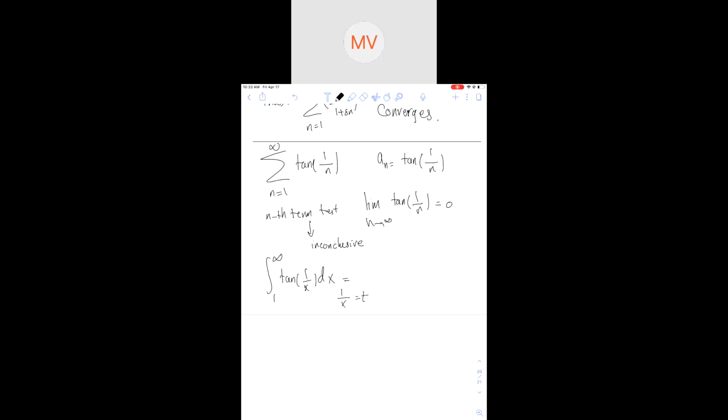1 over x, let it be t, right? And then x is 1 over t, so dx is negative 1 over t squared dt. It becomes tan of t times negative over t squared dt, and the limits go from 1 to 0, and you can switch it to 0 to 1, multiplied by negative.